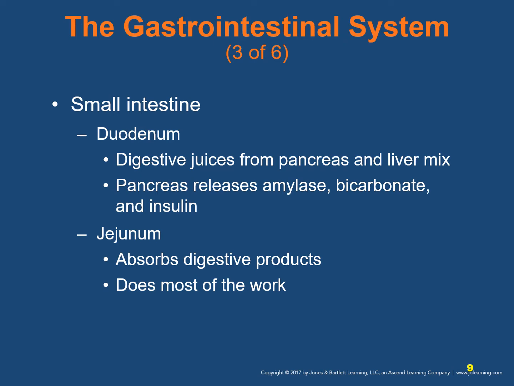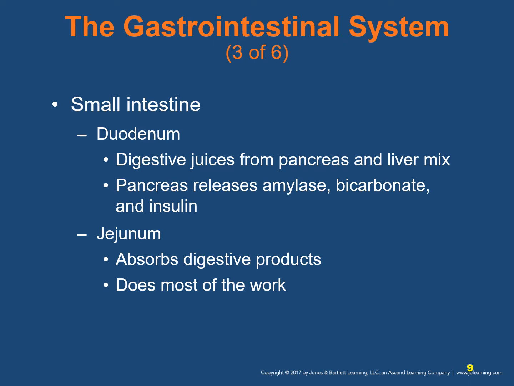The pancreas also releases amylase. Amylase is responsible for the breaking down of starches into sugar. Bicarbonate is also produced in the pancreas. Bicarbonate neutralizes stomach acids in the duodenum, and insulin is also produced in the pancreas. The pancreas regulates the amount of glucose in the bloodstream.